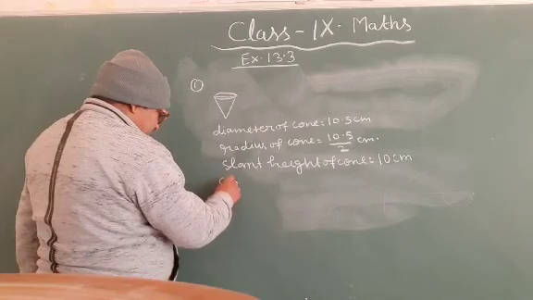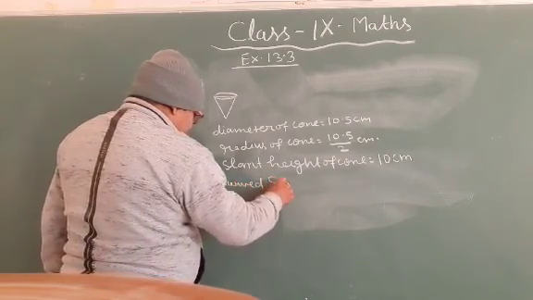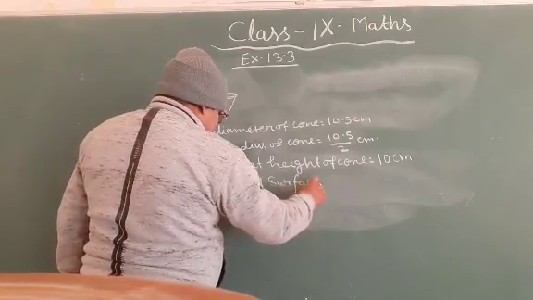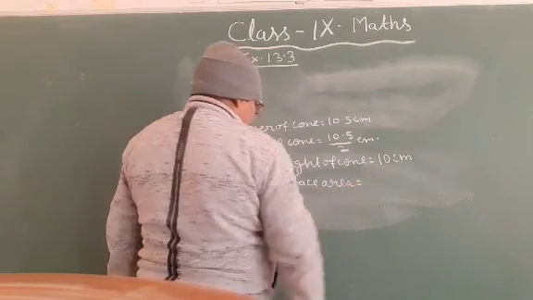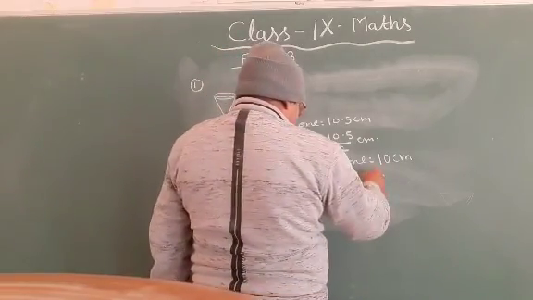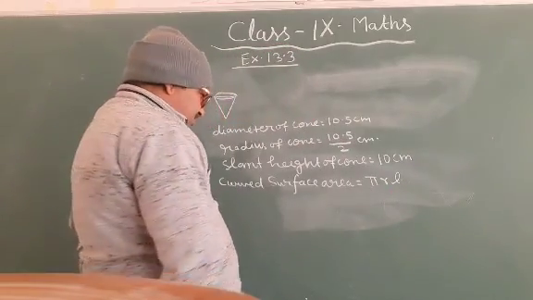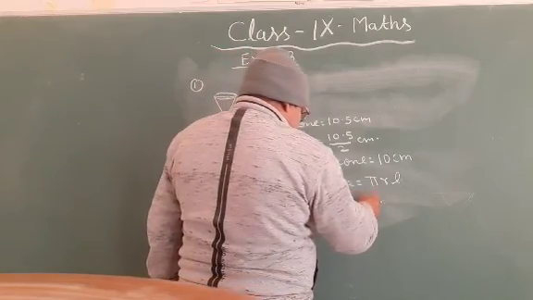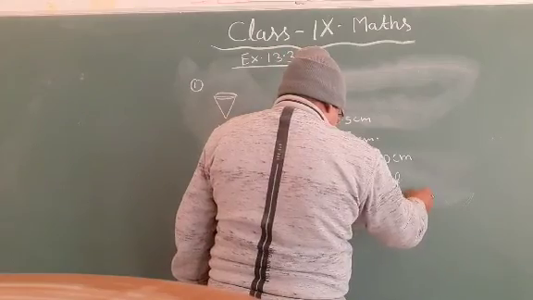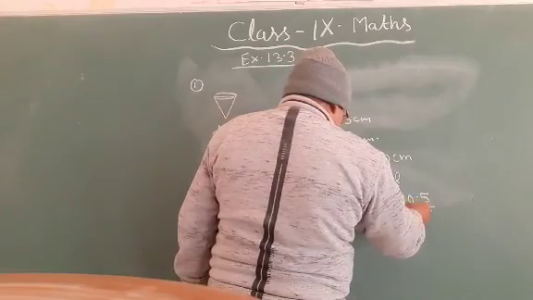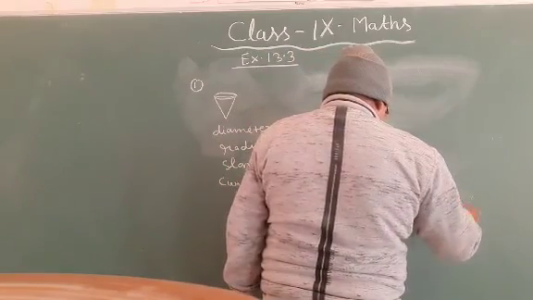Curved surface area is equal to pi r l. Assume that pi is equal to 22/7, into r, which is 10.5/2, and l is 10 centimeter.